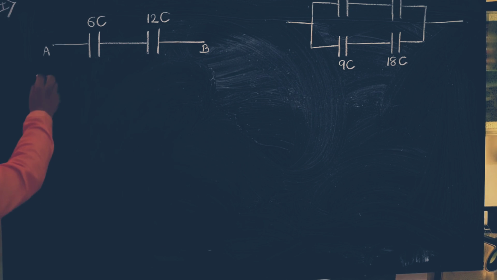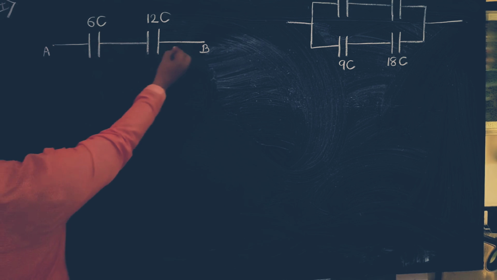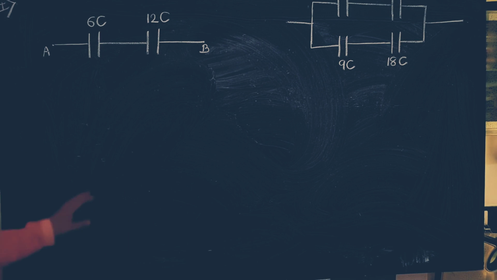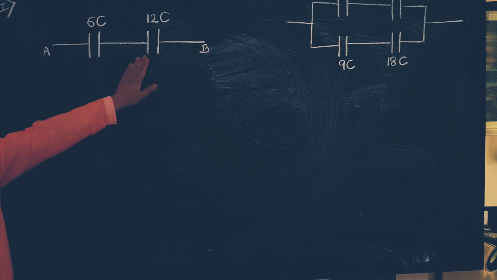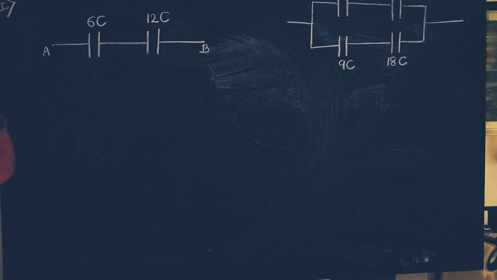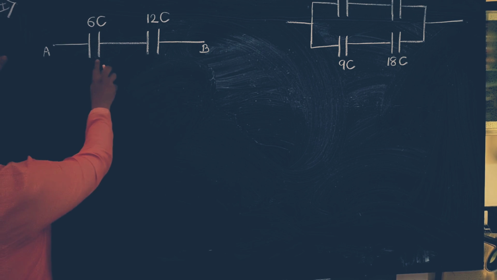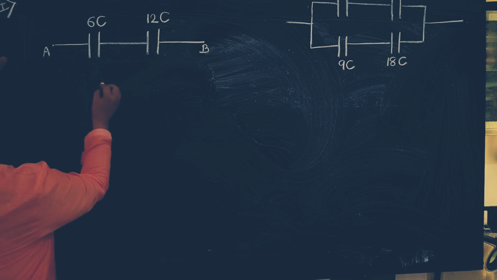Now the question is: find the equivalent capacitance between A and B when two capacitors of capacitance 6C and 12C are connected in series. Okay. Now these two are connected in what? Series.